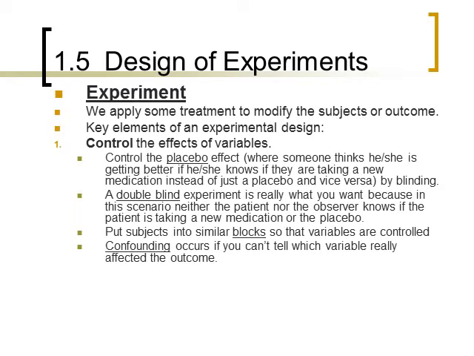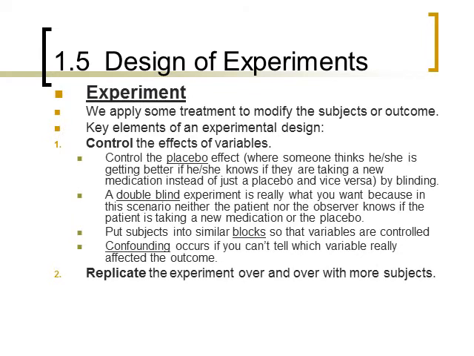Confounding occurs if you're just confused and you can't really tell if there was an outside variable that affected the outcome or not. Now an experiment is something that we should be able to replicate the results over and over again in similar studies. And then we also want to make sure that when we set up our experiment that we choose our sample very well.